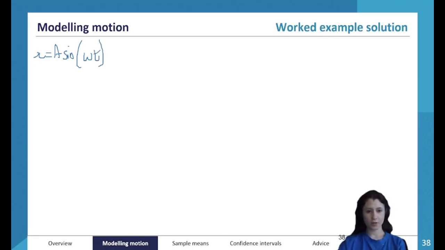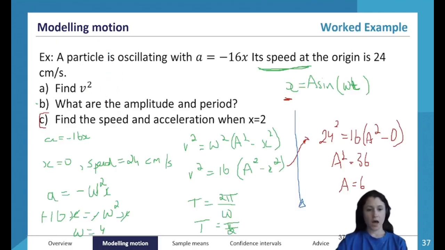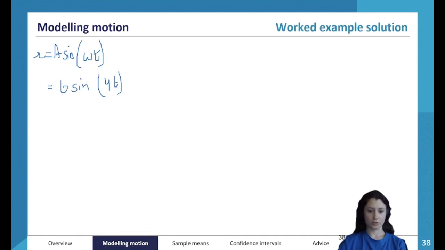Alright, so we know that a is 6. We know that angular velocity is 4, sorry. We need to find the speed and acceleration when x equals 2. So we'll let x equal 2 and find the time at which x equals 2.